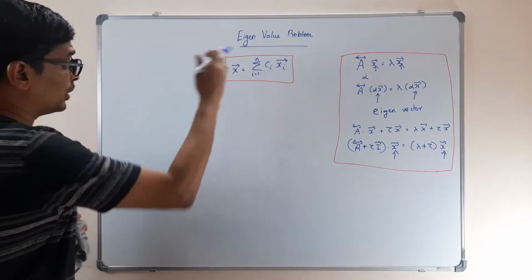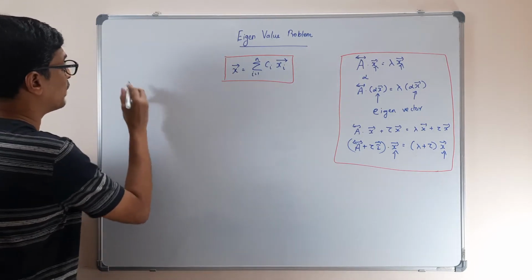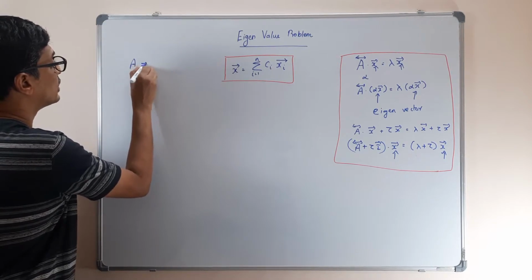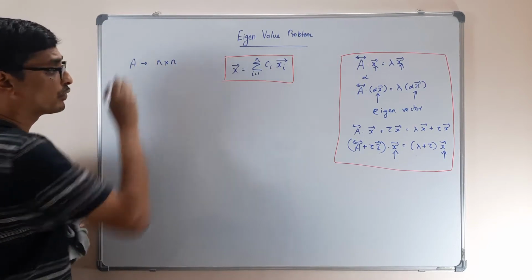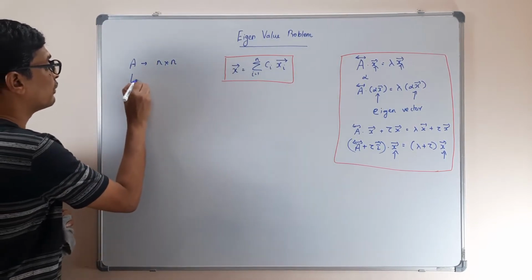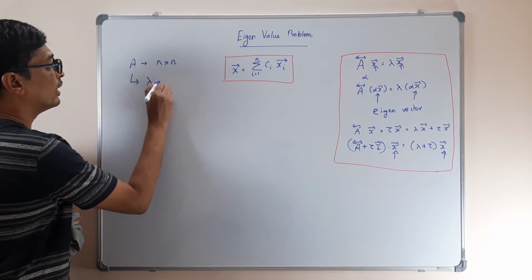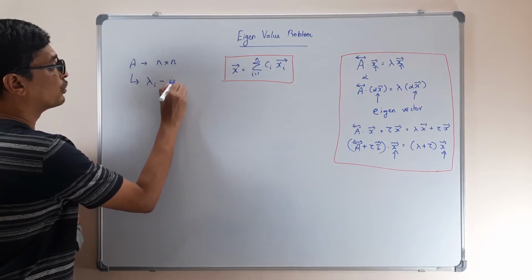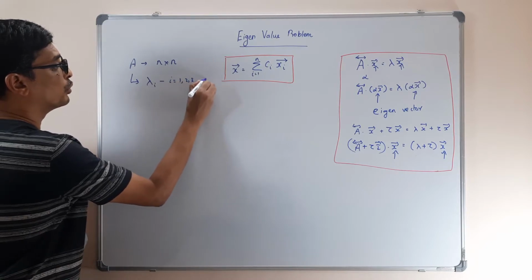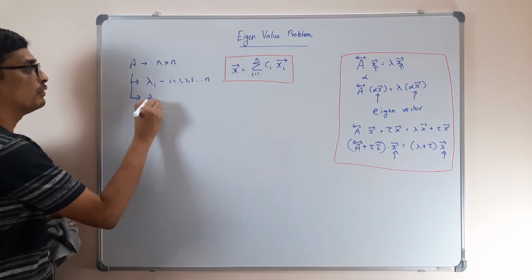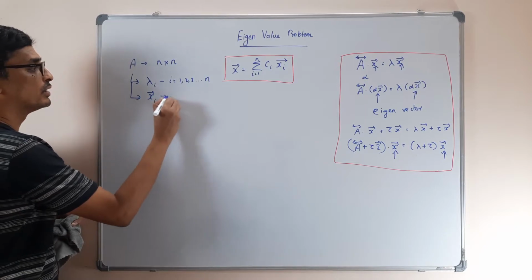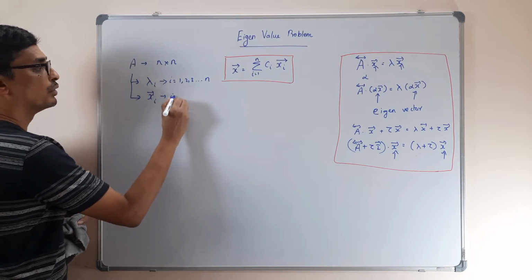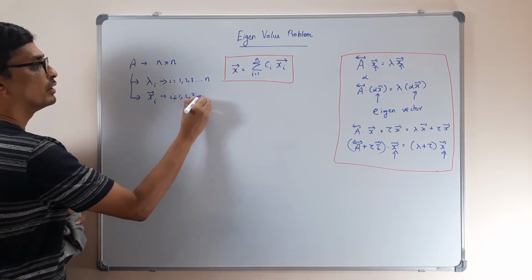So, for example, let our matrix A be an n by n matrix. It is going to have n eigenvalues, lambda i, with i equal to 1, 2, 3 up to n, as well as n eigenvectors, i equal to 1, 2, 3 up to n.